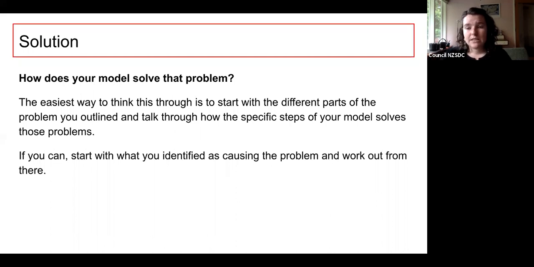So the best thing to do is to start with the reason that you gave as to why the problem existed. We told you that if we were thinking about the bilingual schools debate, you might say the problem in the debate is that not enough New Zealanders speak Te Reo Māori and we're losing the taonga, and in particular not enough people who aren't Māori speak it, and that means that it's really hard for it to be as important as it should be in New Zealand culture and society because everyone should respect and understand Te Reo Māori.